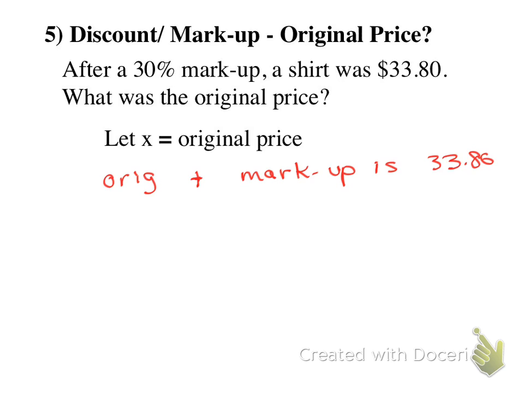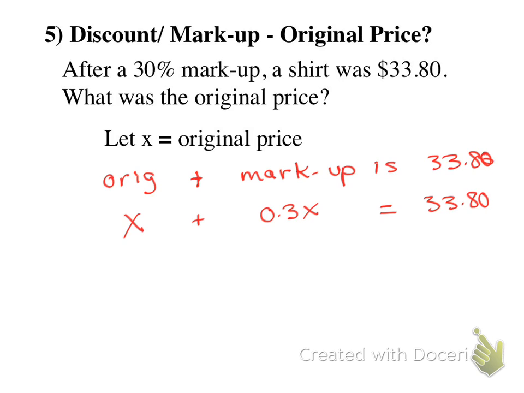Now, we don't know what our original price is. Let's call the original price X. And then the markup, what am I doing to figure out the markup of 30%? I'm going to go 3/10 times X, the original price. I'm going to add those two together, and all together we're going to get $33.80.